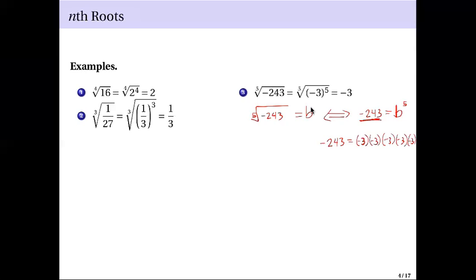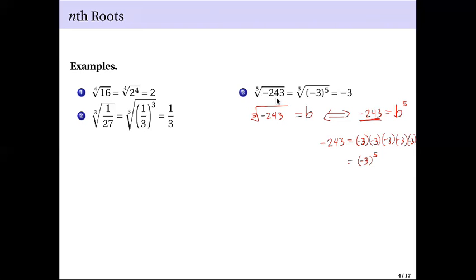So we are multiplying negative 3 by itself 5 times: 1, 2, 3, 4, 5. Or simply, we have negative 3 to the fifth power. So from this equality, it means that our b must be equal to negative 3.